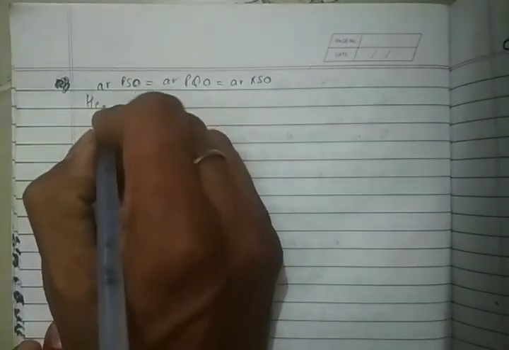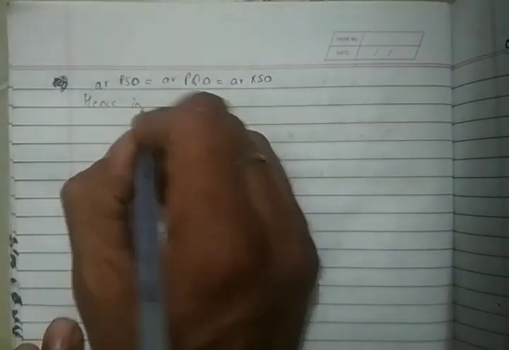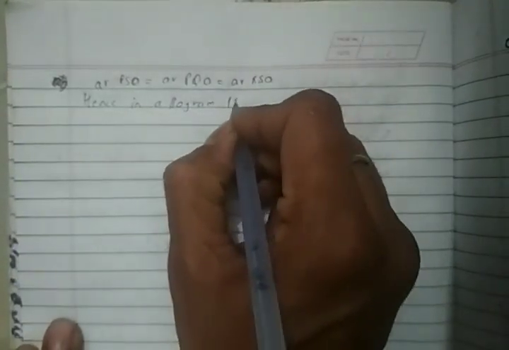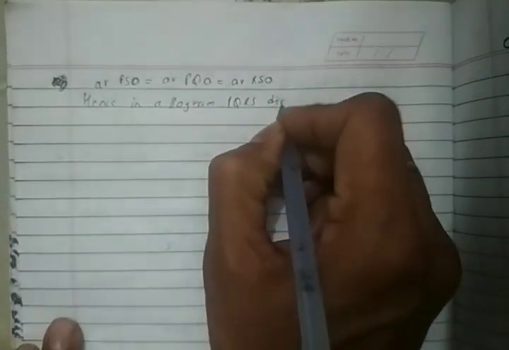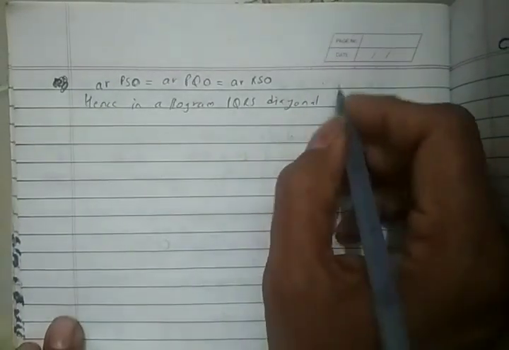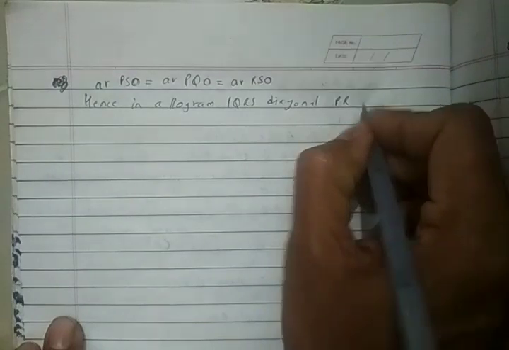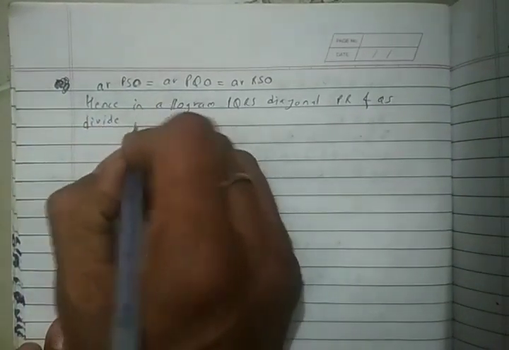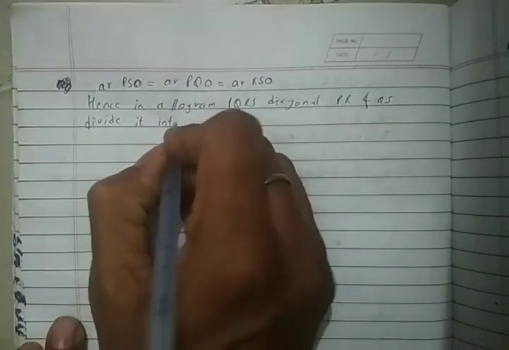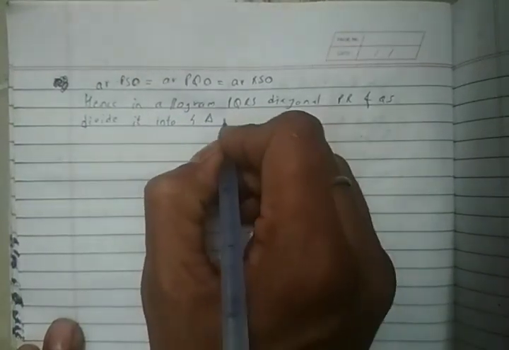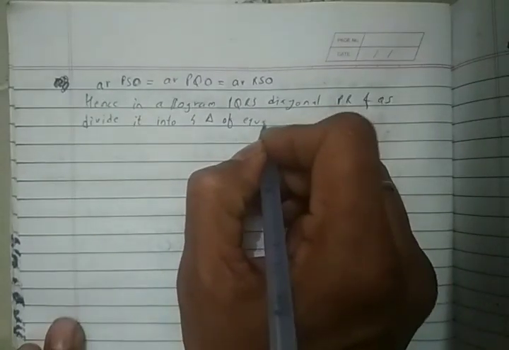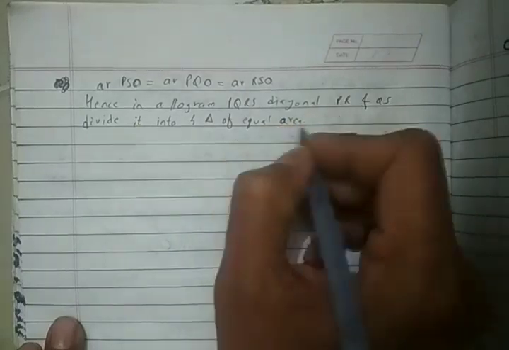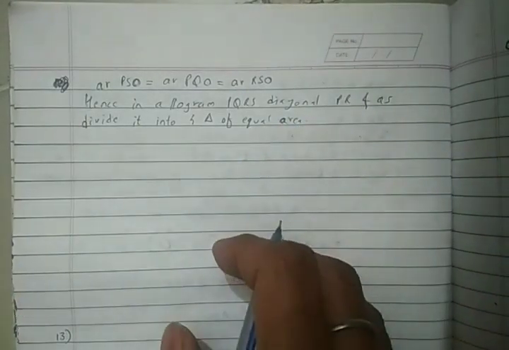Hence we can say that in a parallelogram PQRS, diagonals PR and QS divide it into four triangles of equal area. Thus we have proved that.